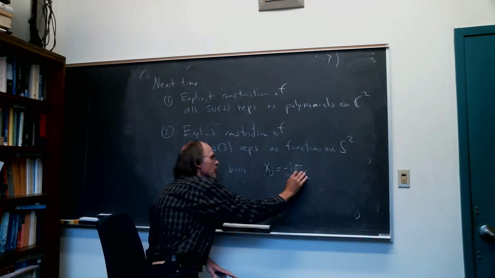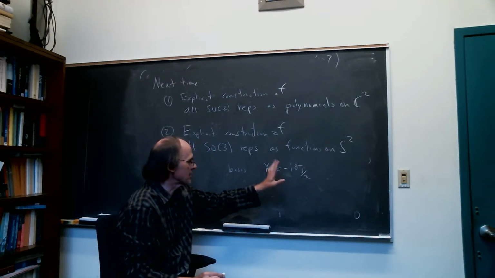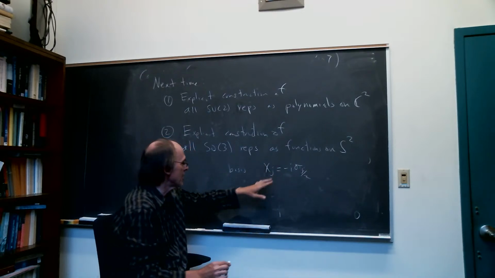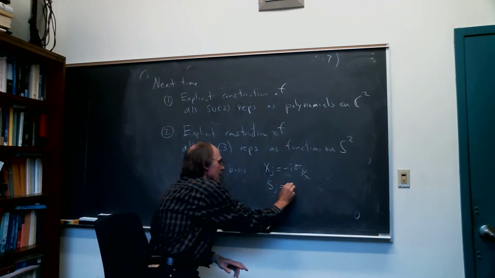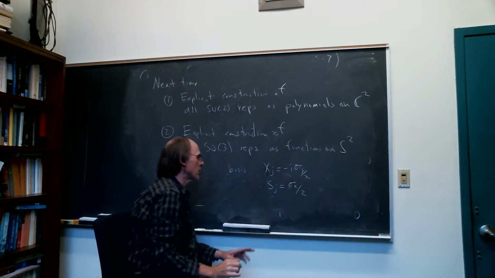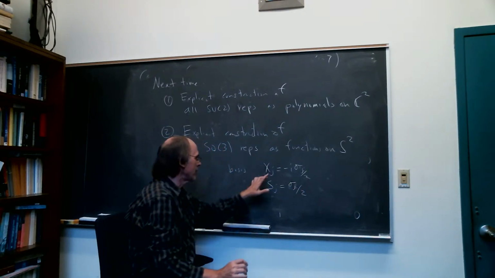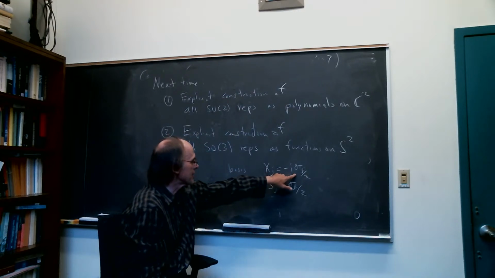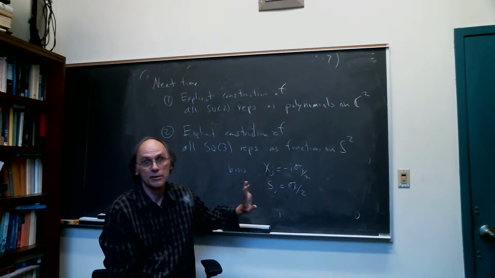But for many purposes, especially to make contact with the physics computations, it's better to work with these instead. But it's true, elements of the Lie algebra are going to be these multiplied by real numbers, or these multiplied by pure imaginary numbers.